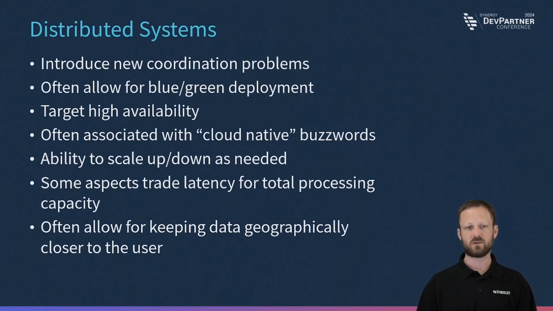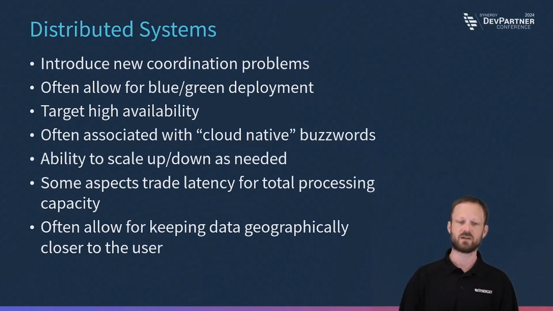Distributed systems are often associated with cloud native buzzwords. So they can be an easier management conversation to have with people who are after very buzzword-compliant solutions. They also tend to scale up and down as needed. That's part of that cloud native, like what does that actually mean on the other side?